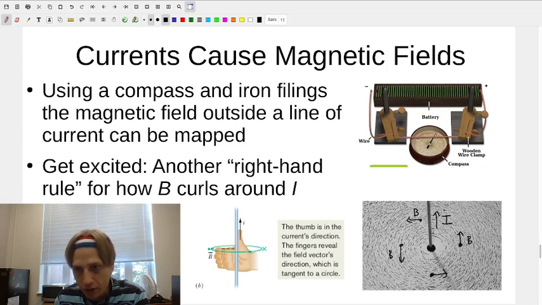So at each point around here, it has a particular direction, and the way that you can figure out what that direction is by hooking your fingers around like this. Thumb is in the direction of the current, fingers are pointing in the direction of the magnetic field.